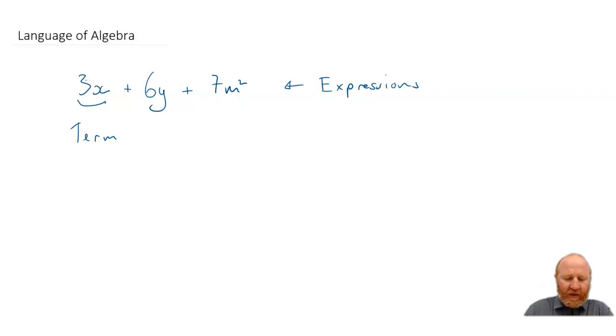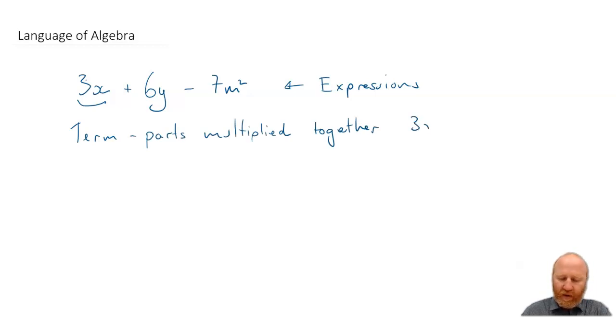So each one of these things divided by a positive, or even if I put a negative in there, is a term. So a term consists of parts multiplied together. We should remember that something like 3x actually means 3 times by x. So once again, an expression can be any number of terms.